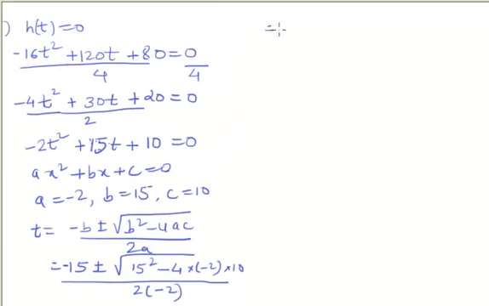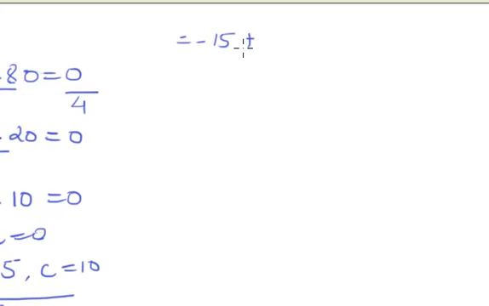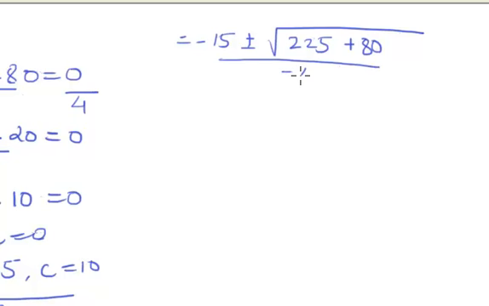So this value is minus 15 plus minus under the root of 225 plus 80 over minus 4.